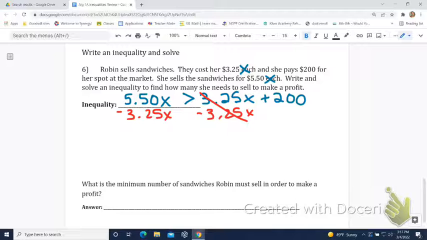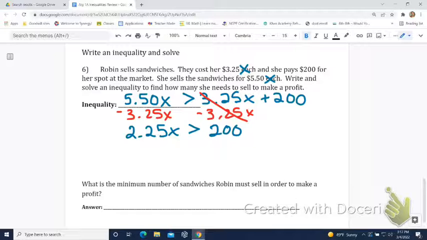Some of you may be a little nervous about these decimals. You deal with decimals with money all the time. It behaves the same way. So 2.25x. You have a calculator, so you're in good shape. And then this is greater than 200, right? Because my x's now are gone on that side.